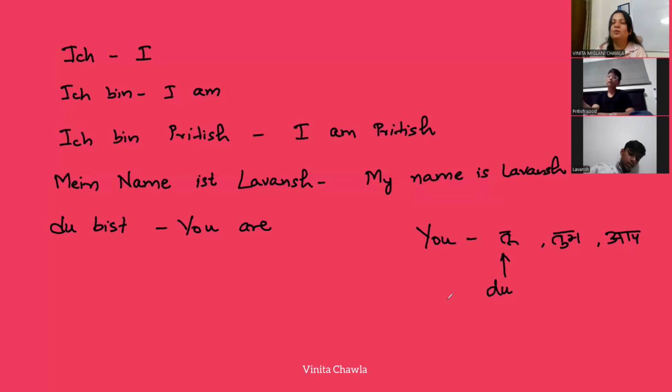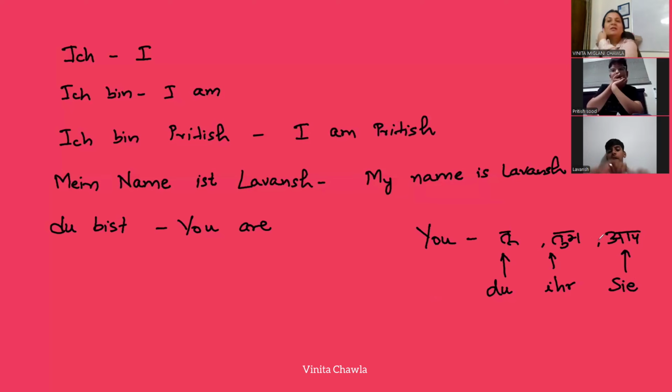If you are giving respect to someone who is elder, then you do not use tu, you say aap. That becomes Sie, and tum is ihr. So we have different ways of saying this.